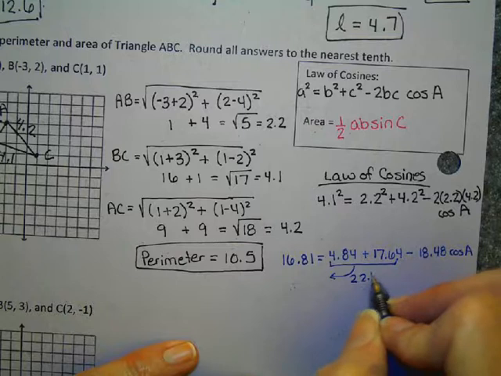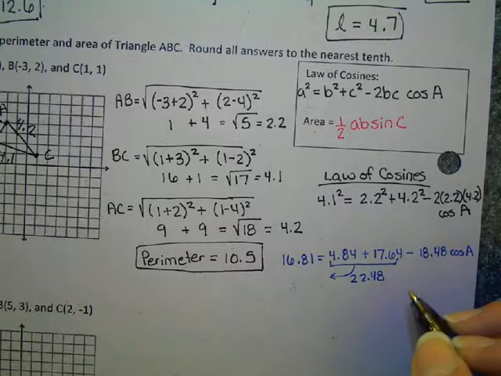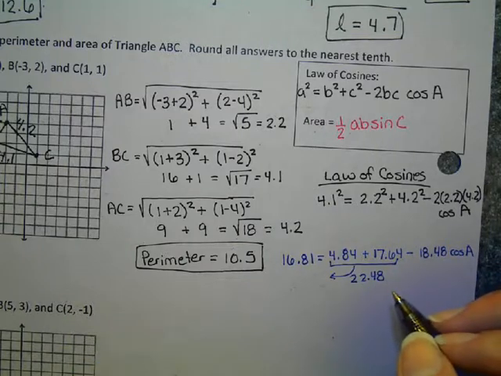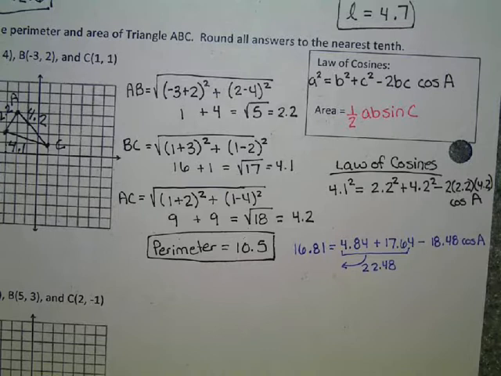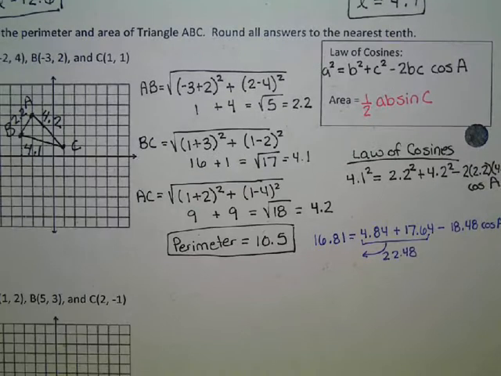So 4.84 plus 17.64 equals 22.48. So when I subtract that, 16.81 minus 22.48.